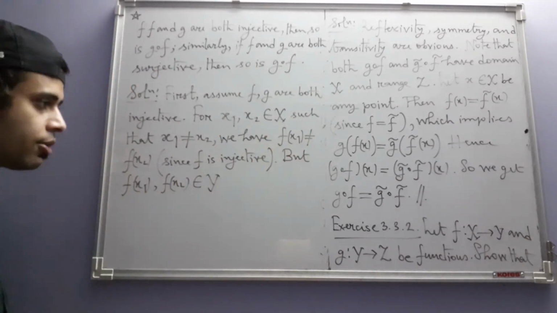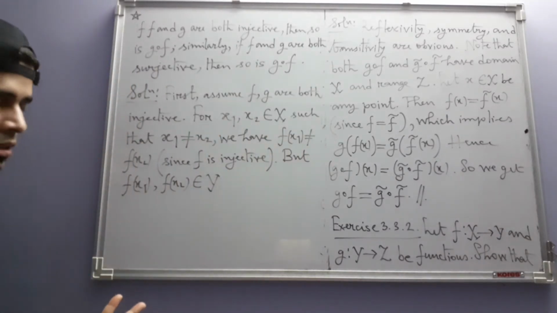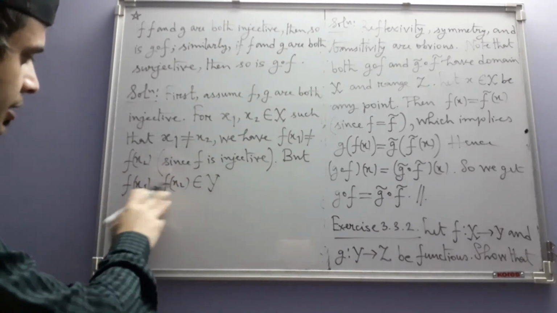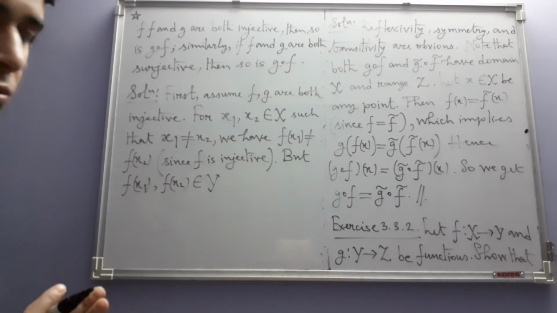and these two are not equal, and g is injective, so their g images, or the outputs of g, when these are inputs, will also be different.